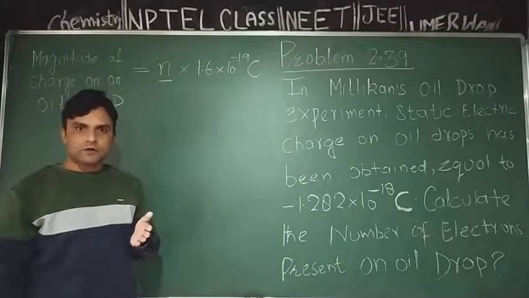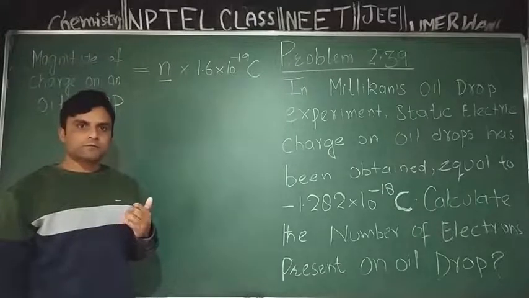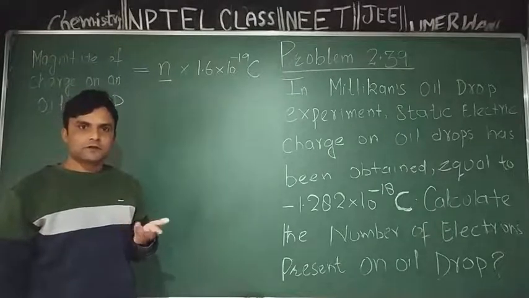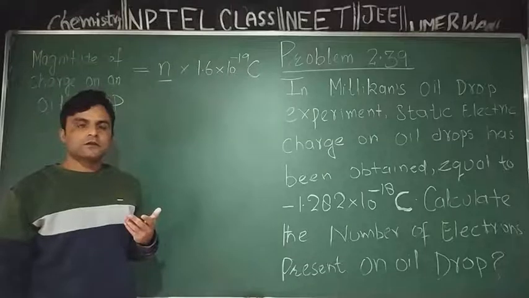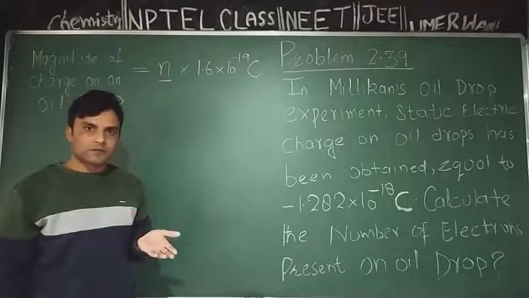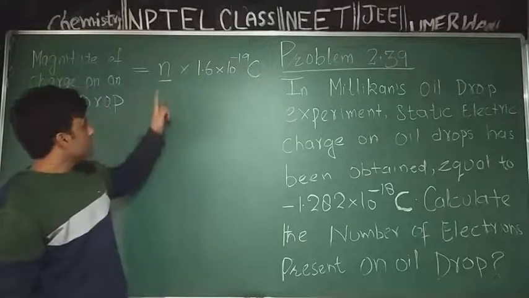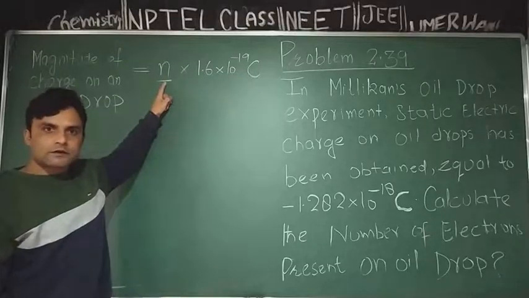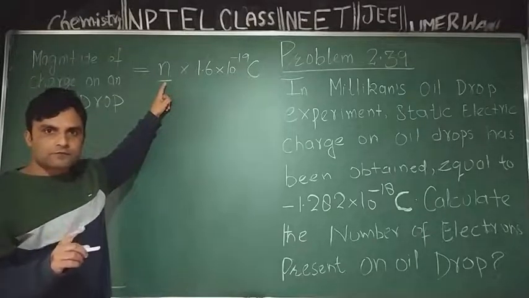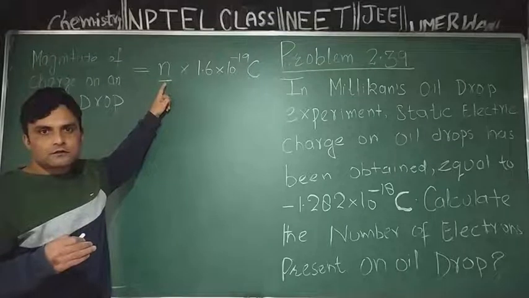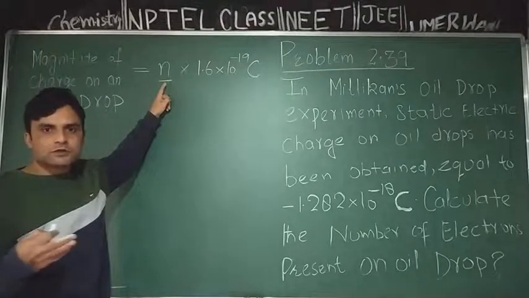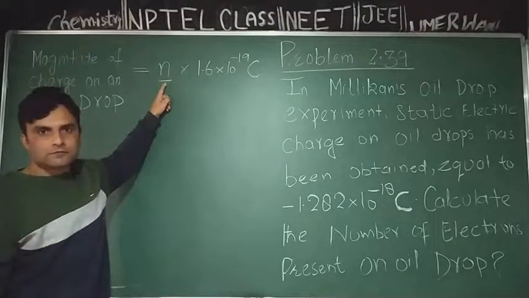It cannot be 0 electrons. It cannot be fractional, because half an electron or 1.5 electrons does not mean anything. So the minimum number is 1, and the maximum can be 2, 3, 4, any integral value.